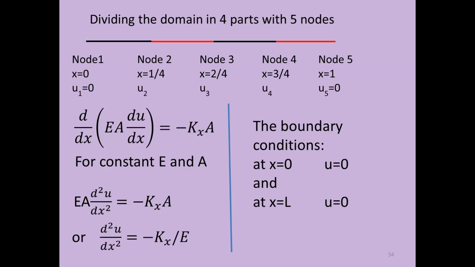Boundary conditions are obviously known to you. So we are going to replace the second order differential, that is d2u by dx square, by the difference equation. For simplified calculations, we are assuming that all parameters have a value 1.